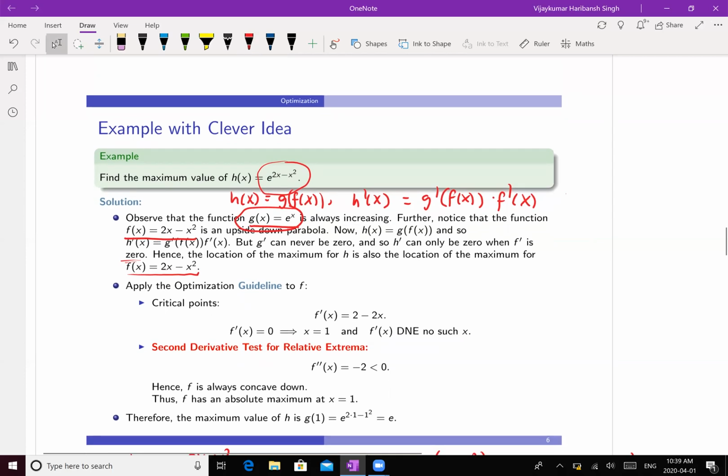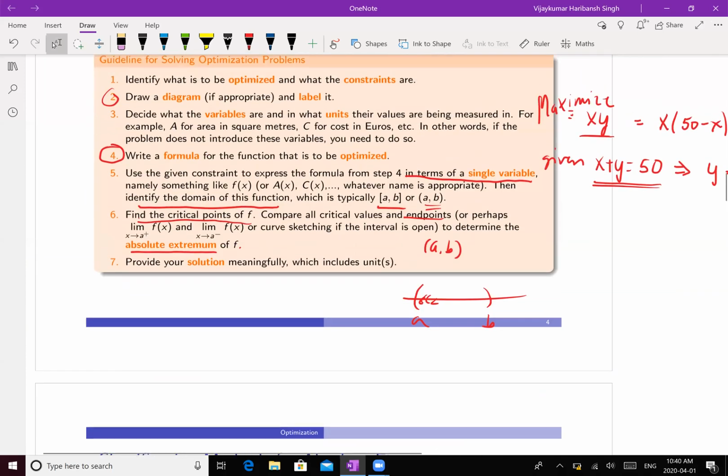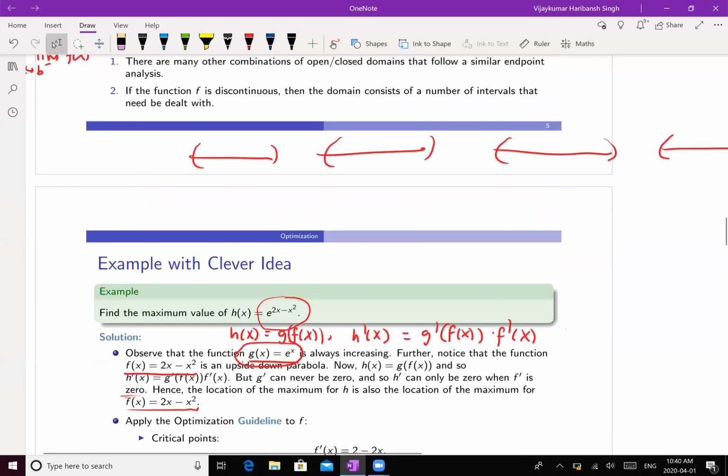So now let's apply the guidelines for optimization. So here are the guidelines for optimization. Identify, draw a diagram. This is not necessary. Decide what the variables are. This is not necessary. The formula is already given to you. There is no constraint, and you have what? Find the critical point. So let's find the critical point of this guy.